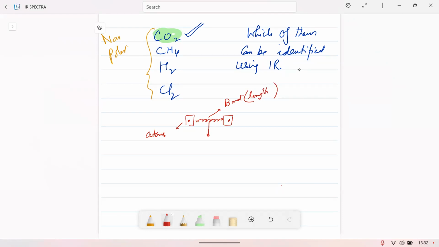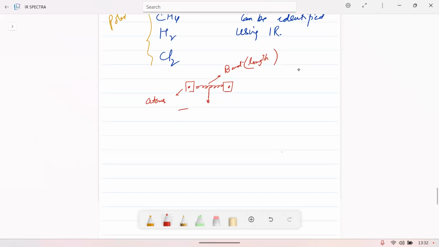So exactly the same way over here, the amount of radiation needed or absorbed depends on three things.